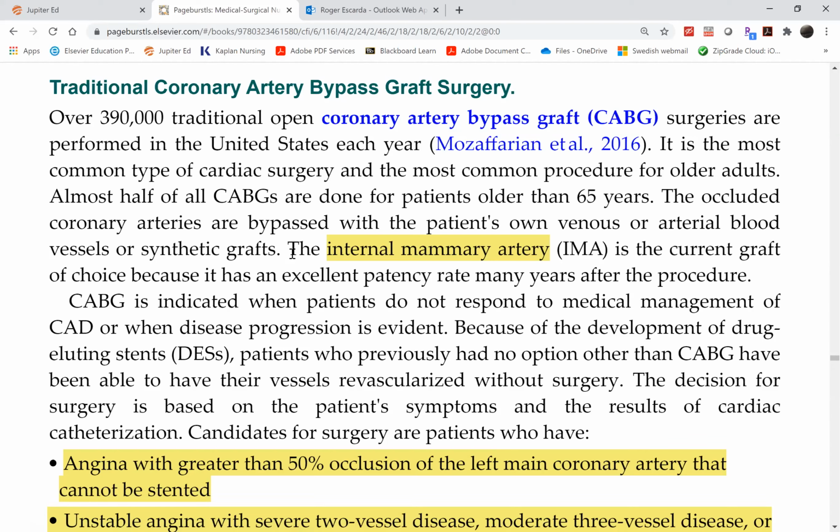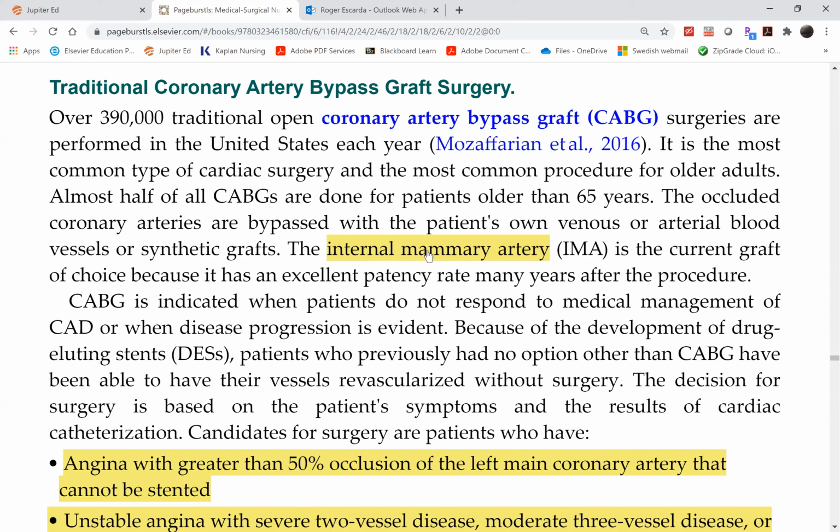The most commonly used is the internal mammary artery. It's an artery, and plus you don't have to take it out somewhere and put it somewhere. So this one is already a branch out of the aorta. This artery branches from the aortic arch and supplies your breast.